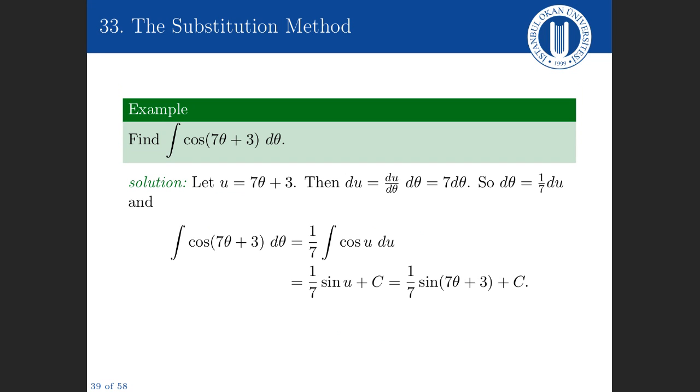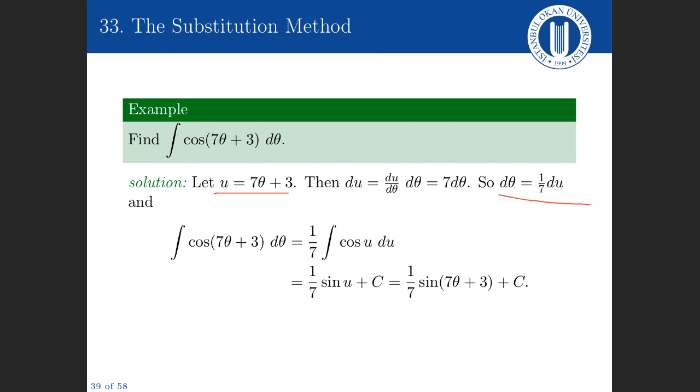Find the integral of cos (7 theta plus 3) d theta. We need to choose a u. The integrand has a 7 theta plus 3 in, so it makes sense to choose this for u. Then du is equal to 7 d theta. I don't have 7 d theta, I only have 1 d theta.